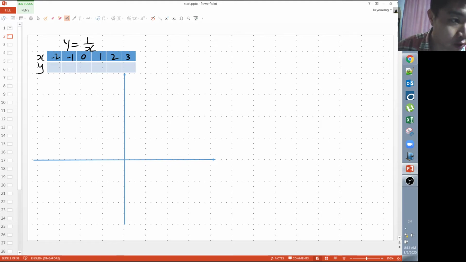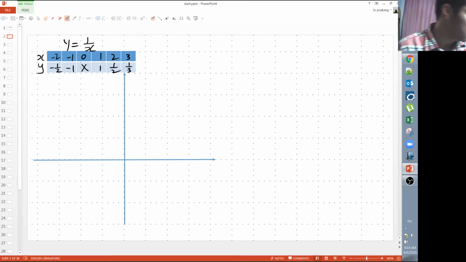Okay, so for x is equal to -2, you sub it into this, you will get, what do you get? You will get -1 over 2, right? And you get -1, and when x is 0 is undefined, and over here you have 1, you have like half, you have 1/3.